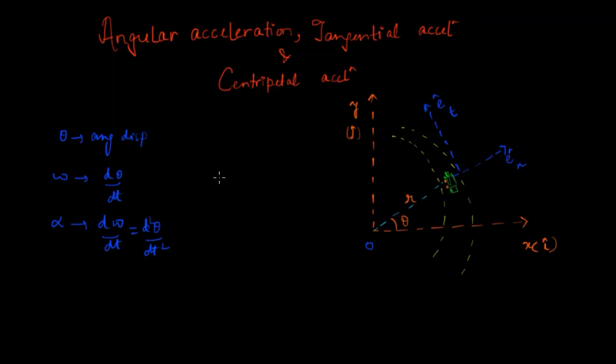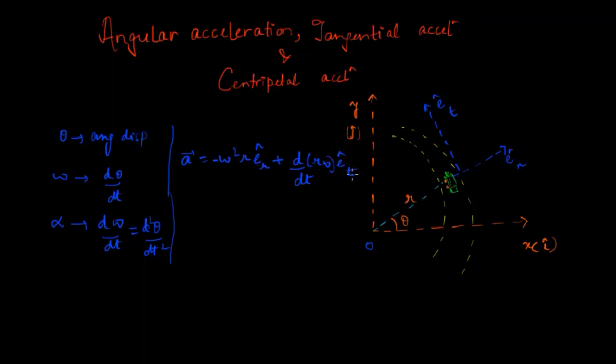We have seen in one of the previous videos on circular motion that when an object moves in a circular motion, its acceleration vector a is given by minus omega square r er cap plus d/dt of (r omega) et cap.